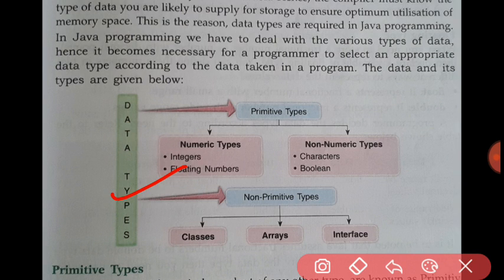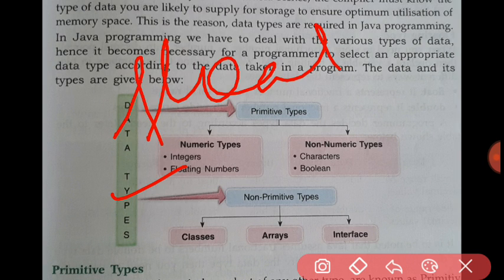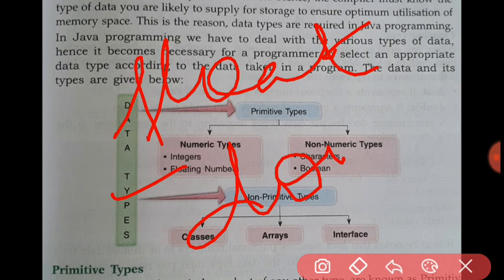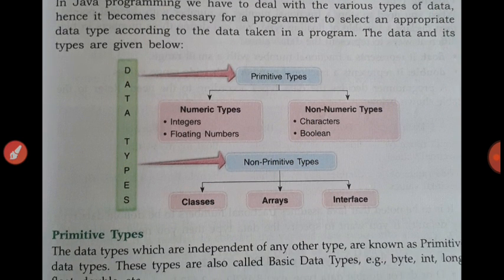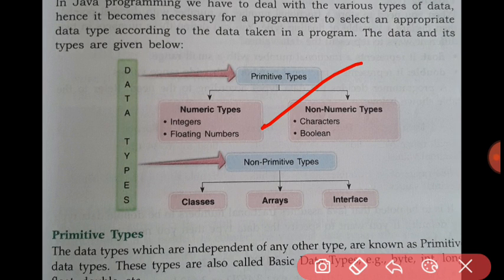Floating numbers, that is real numbers which contain the decimal point. There are two categories for this: float and double. The size of float is 4 bytes and the size of double is 8 bytes. Then non-numeric: characters, every character has 2 bytes. On 2 bytes we can use only one character at a time.